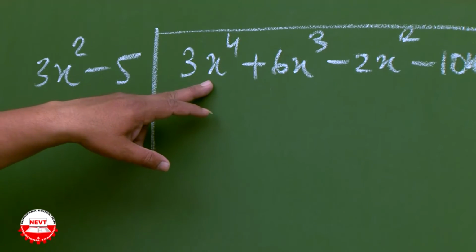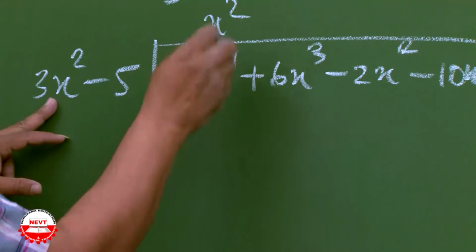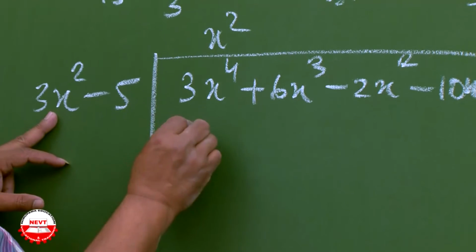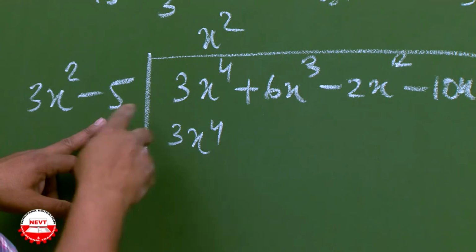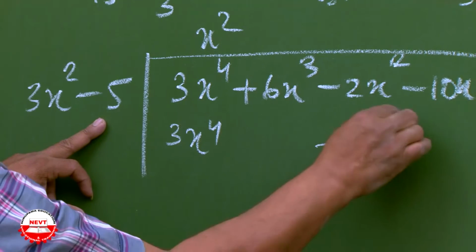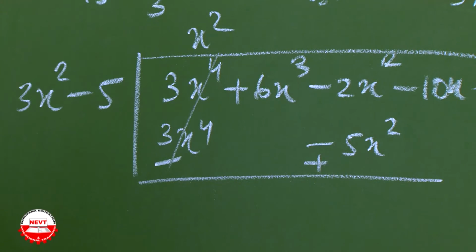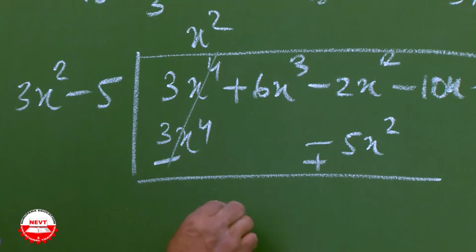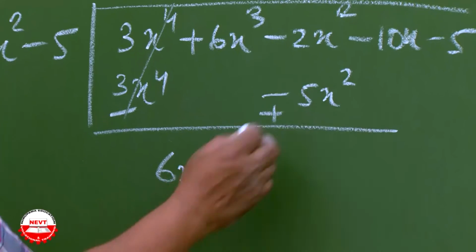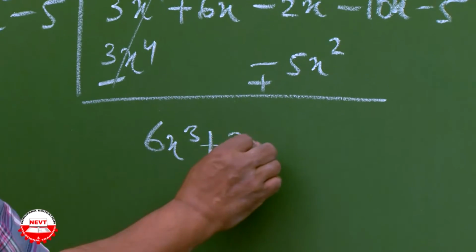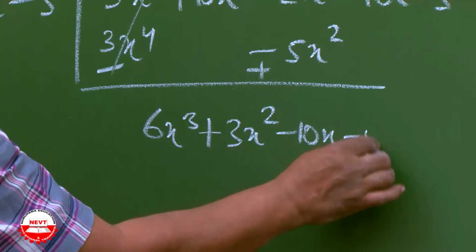Here 3x⁴ is there, and here 3x², so we put x² here. x² into 3x² is 3x⁴. x² into −5 is −5x². Change the sign, minus plus. What do we get? 6x³. Now −2x² + 5x² means +3x², −10x, −5.